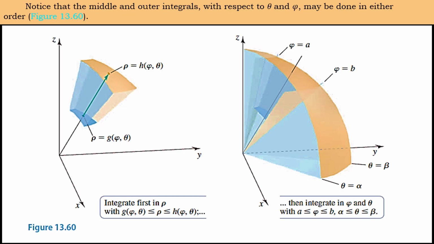In the second figure on the right, we then integrate in either phi or theta, whichever comes first, with phi bounded from a to b and theta bounded by alpha and beta.